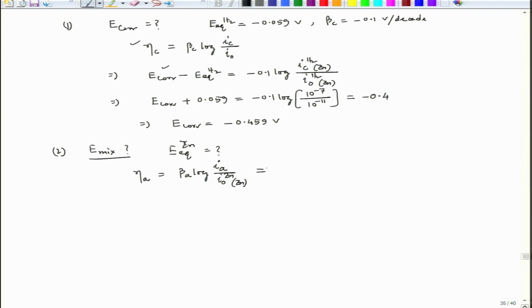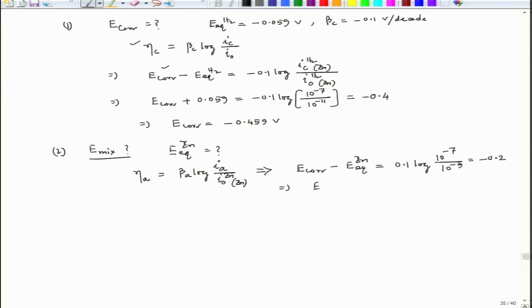So, E corr minus E equilibrium zinc equals 0.1 log 10 to the power minus 7 divided by 10 to the power minus 9, equal to minus 0.2.